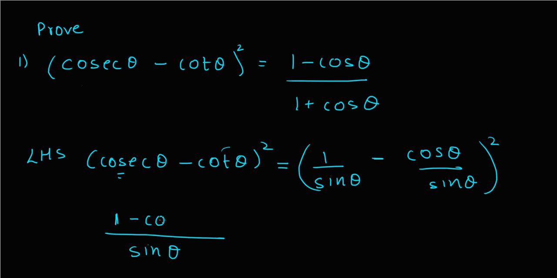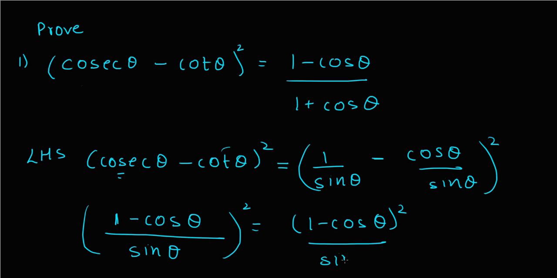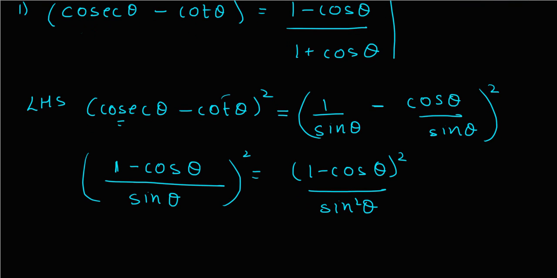So I have (1 minus cos theta) whole square by sine square theta. We know the identity that sine square theta is 1 minus cos square theta, which we just saw in the previous section. So over here, in the denominator, I will write sine square as 1 minus cos square theta.